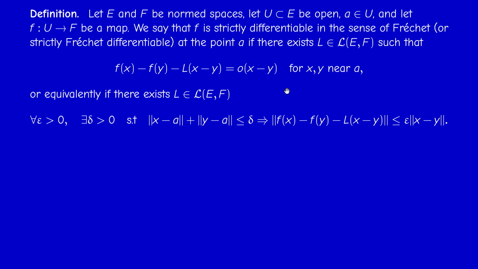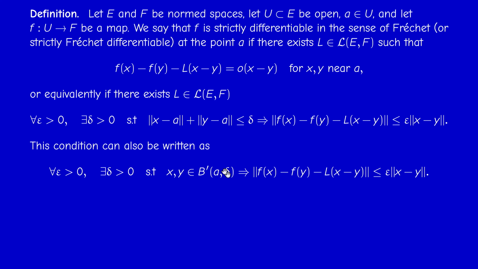Or if you like, in terms of epsilon and delta, just take norms instead of absolute values because we are working in norm spaces. And of course, instead of the sum, you can take the maximum of these two, or the Euclidean norm if you like, doesn't really matter.